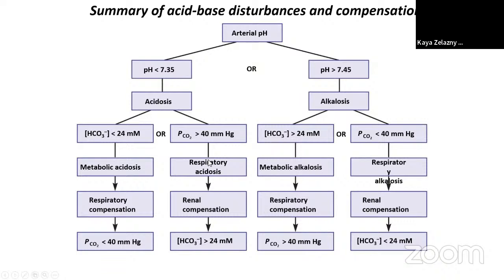We diagnose that we have respiratory acidosis, that the reason our pH is too low, the reason we've created this disturbance to our acid-base balance, is because we have too much carbon dioxide. And so, since that's a problem with the respiratory system, we're going to do renal compensation. And the way we do renal compensation for this is largely by bringing in more of our buffer for acidity, which is our bicarbonate ions.